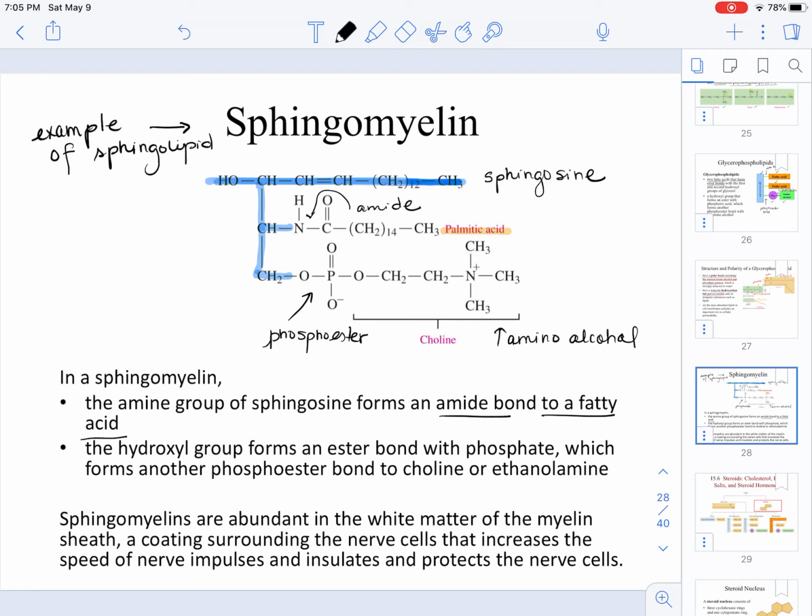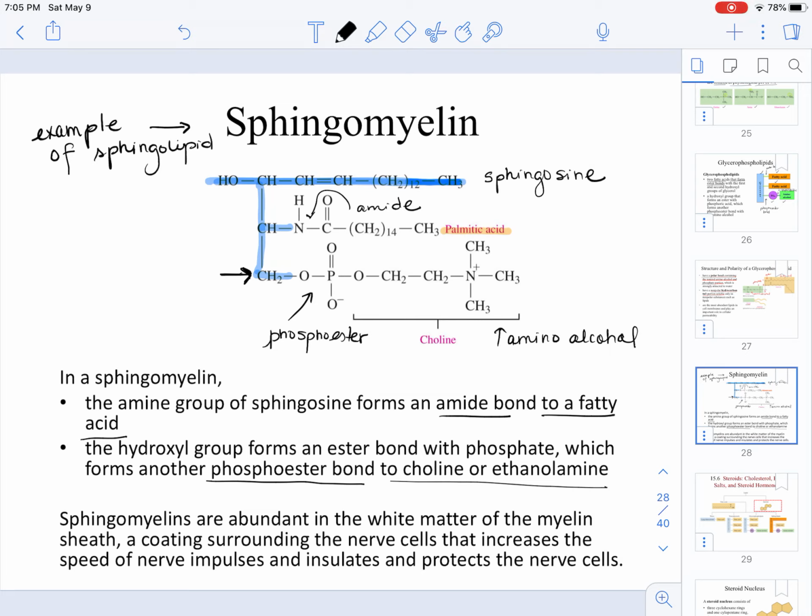The hydroxyl group present in here is going to be specifically the last one. If I highlight it, it will be right here. This arrow that I put there is going to be forming a phosphoester bond to the amino alcohol. And depending on what it is, as you can see, we can have choline or we can have ethanolamine.